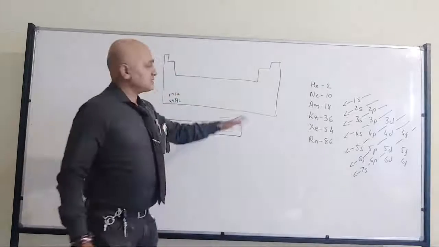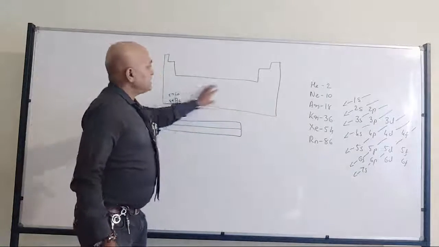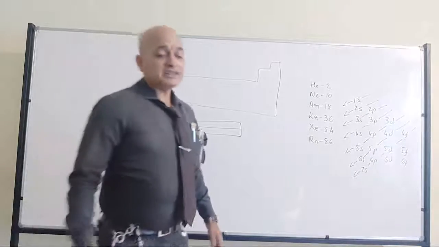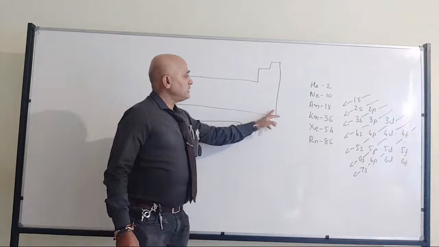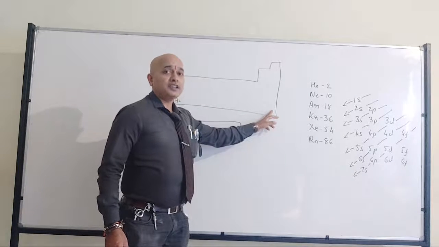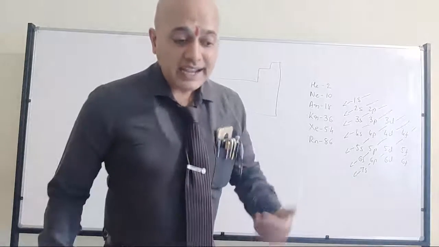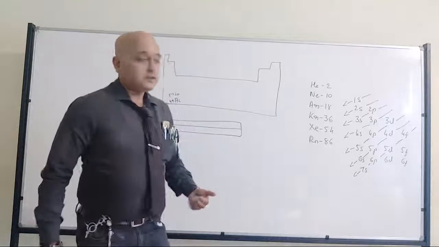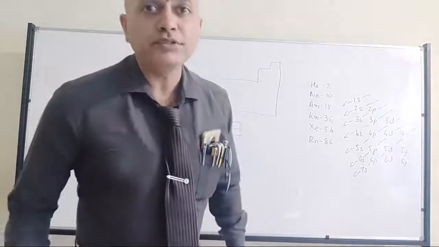There is a space, so we can add at that point only, because all the other elements have already been discovered. At present in your textbook you can see up to the 118th element. They have not mentioned it, but actually the 118th element has also been discovered. But they have not shown it here. All of you have understood? I will come to that.